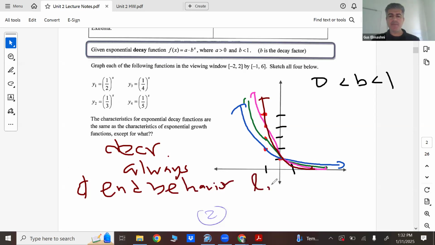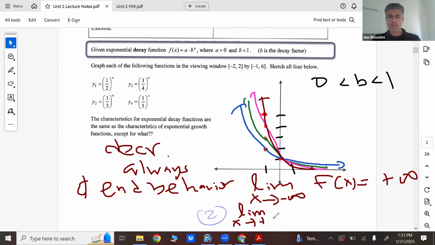So in this case, the limit as x approaches negative infinity is positive infinity. And the limit as x approaches positive infinity is 0. Okay, cool.